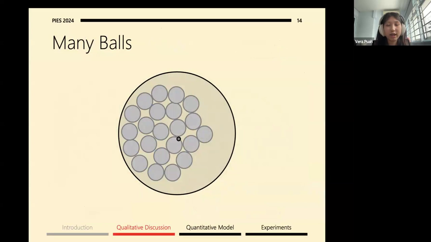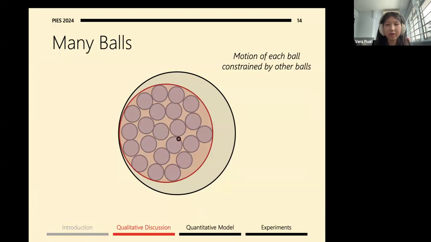So now let's look at the case with many balls first. The motion of each ball is constrained by the other balls, as we've already mentioned. If we looked at the balls as a deformable solid, we can use this analogy to an actual pancake, which is probably where the name of this problem comes from.